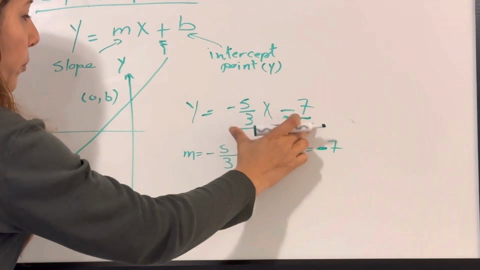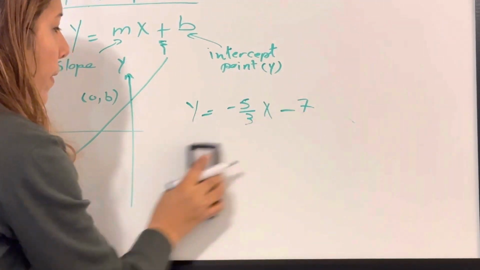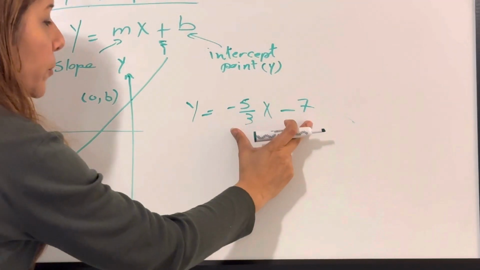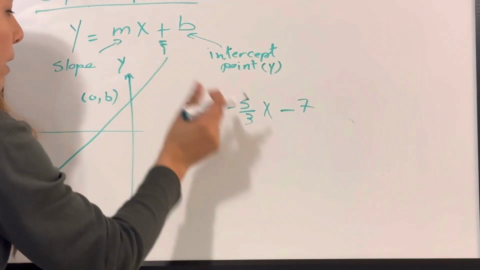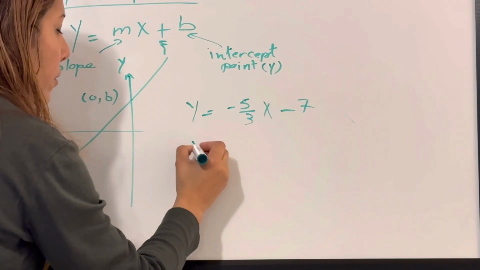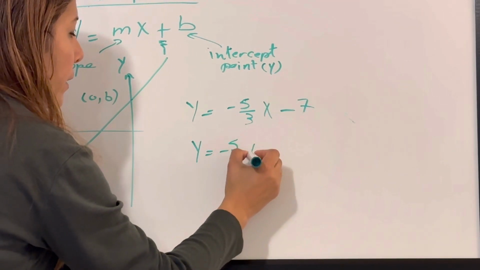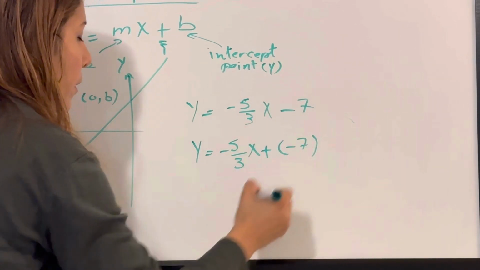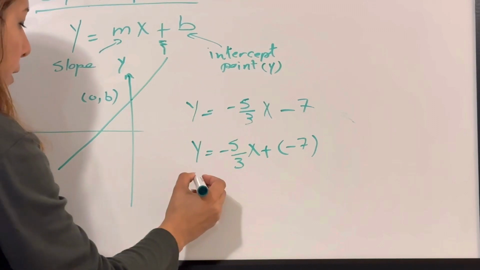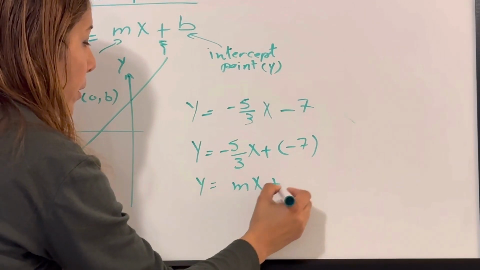So if I want to put this equation similar to this form, I have to write y equals minus 5 over 3x plus minus 7. So here it's y equals mx plus b.